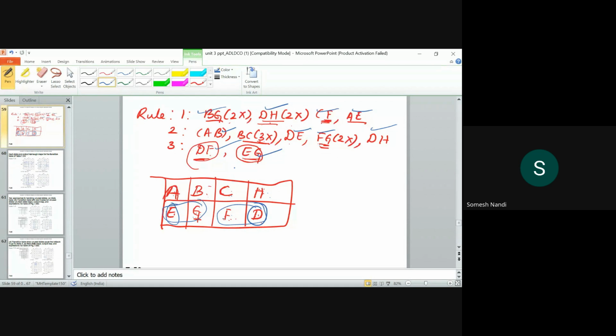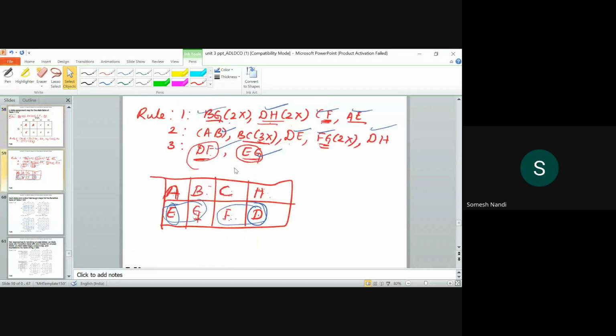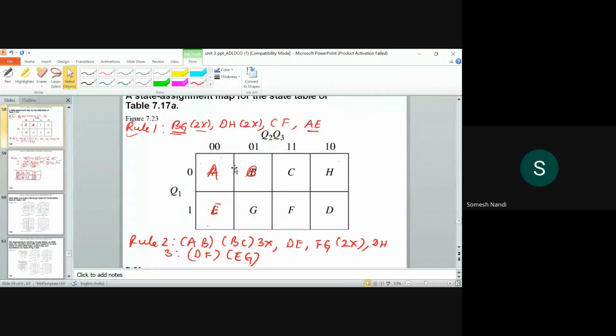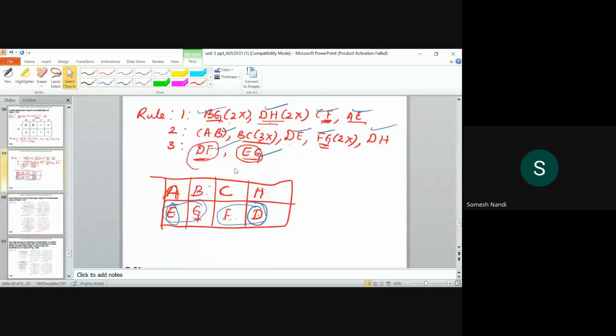Okay. Now you go back and check whether we have done it correctly. ABCH, you can see ABCH, EGFD. See? Clear? Now, based on this, you have your table 7.17C on page number 416.